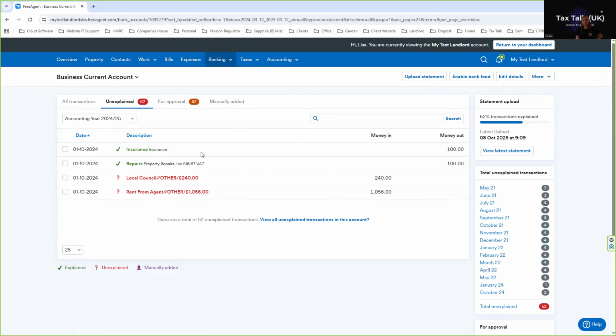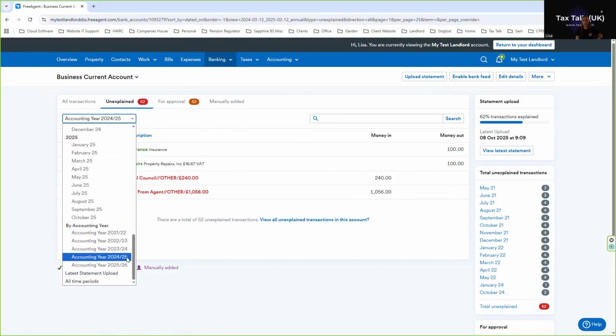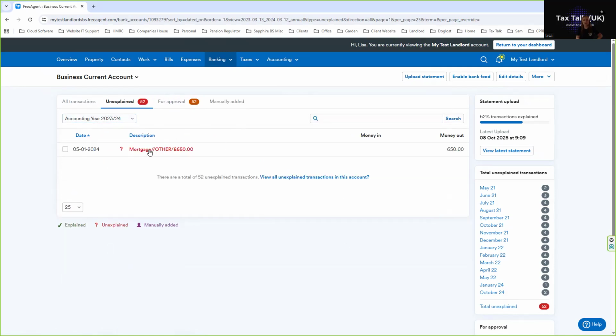So there we go. We've looked at the monies in and monies out, and then just the last thing to look at is your mortgage payments. So you will be aware that these days, we're only talking about the interest element of your mortgage, that is no longer part of the profit and loss, but it's claimed as a tax credit at a restricted rate instead.